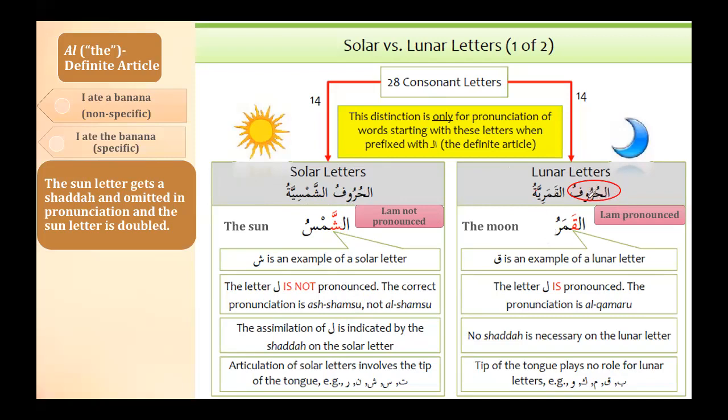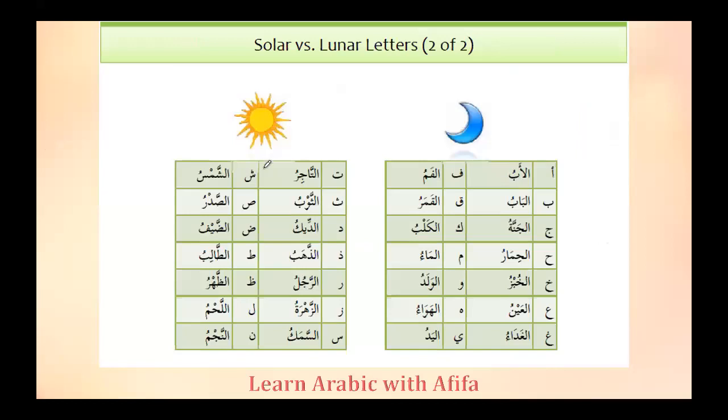Huruf means letters. Al-Qamariya, so lunar letters. And here the lam is pronounced. So these are the letters that we just discussed in the two categories. Once again, you don't have to memorize them because as you can see, there's always a shadda when you don't have to pronounce this lam.